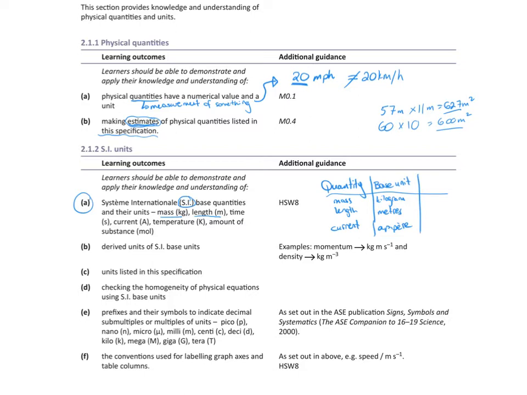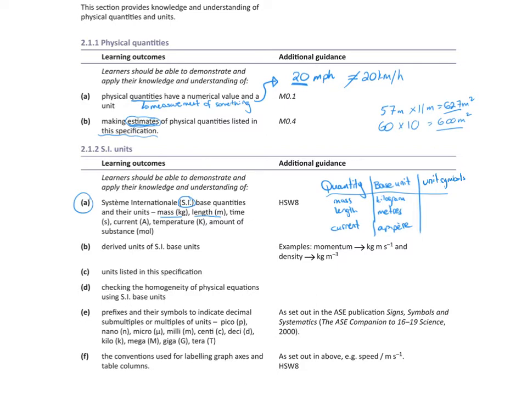And then they have unit symbols. This is very important because you will need to represent every quantity with its unit symbol, unless you're asked what is the base unit of something. So usually when we do a calculation, we have to state the unit symbol next to the number and not the name of the unit. Now, there's a very important part here.